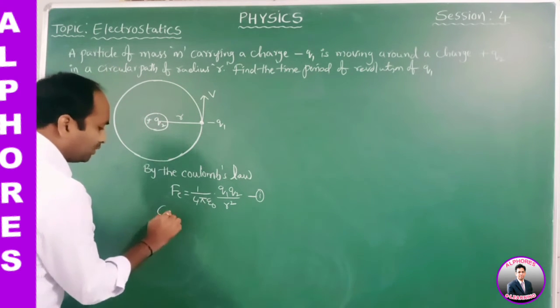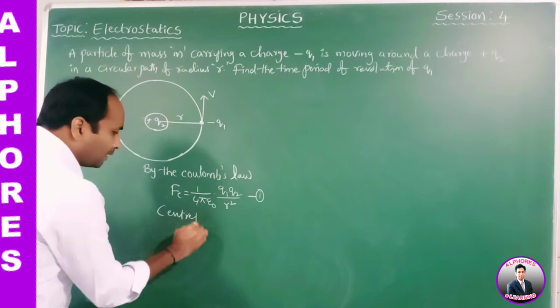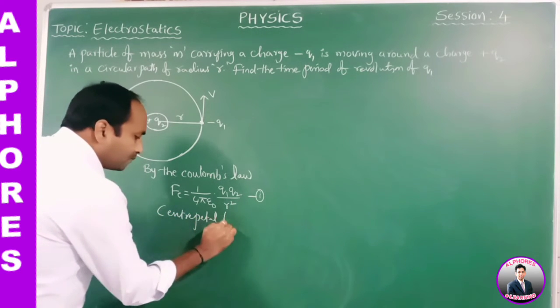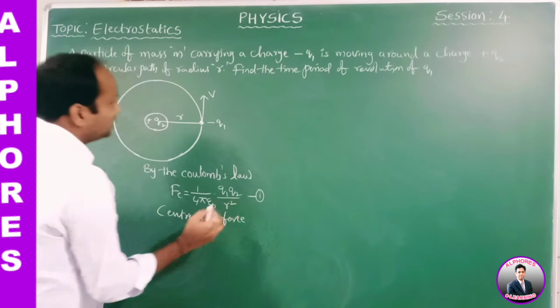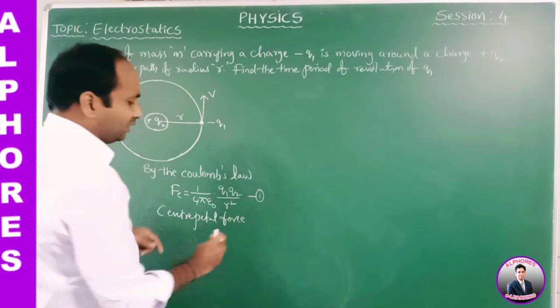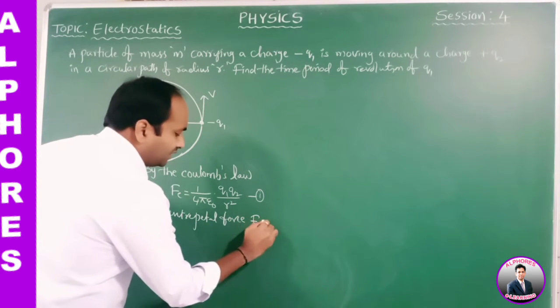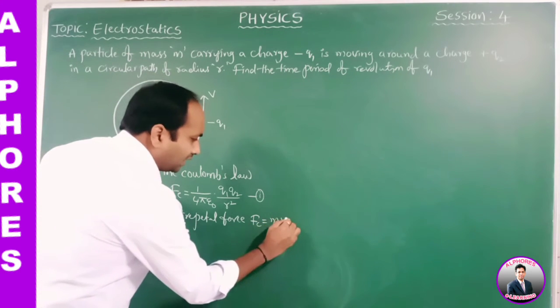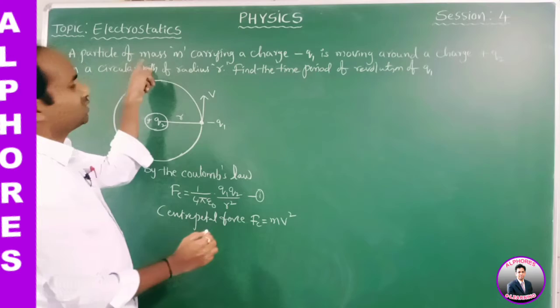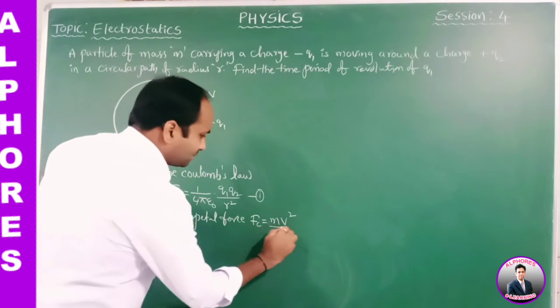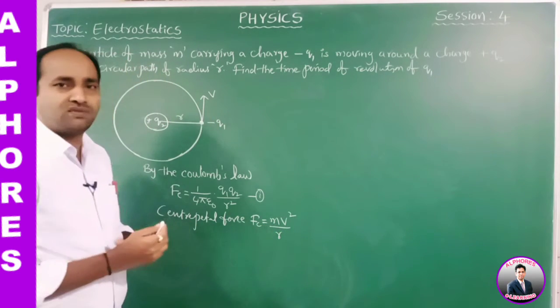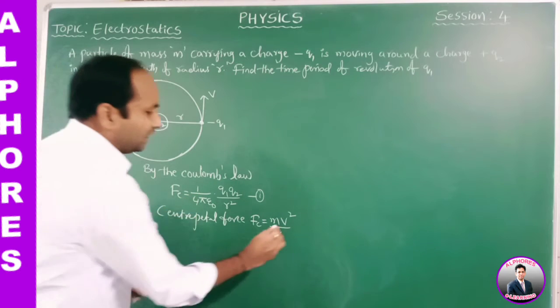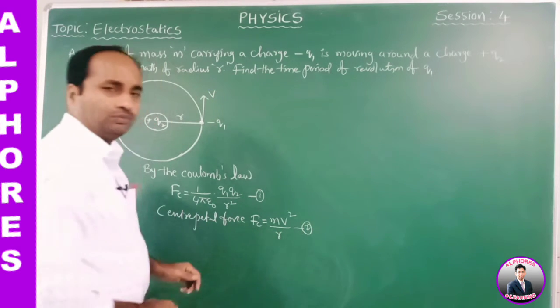What is the centripetal force? The centripetal force acting on the charge q1, denoted by Fc. We know the expression for centripetal force is mv square by r. Here m is the mass of the charged particle, v is the linear speed, and r is the radius. Let us take this as equation number 2.